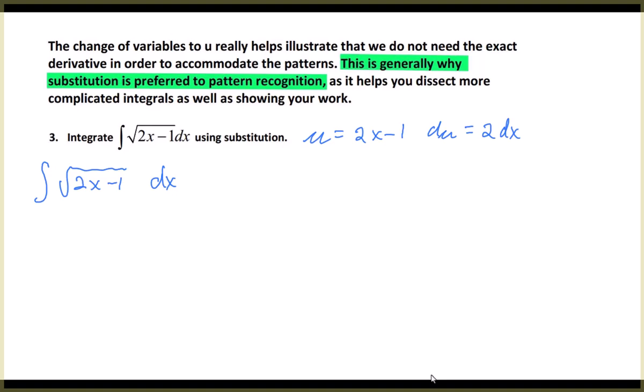Now, I left a little gap in there between my square root of 2x minus 1 and the dx. Why? Now, there's not a 2 there. Right. So I do that trick again. Now then, I can look at that and say, okay, I've got u to some power du.